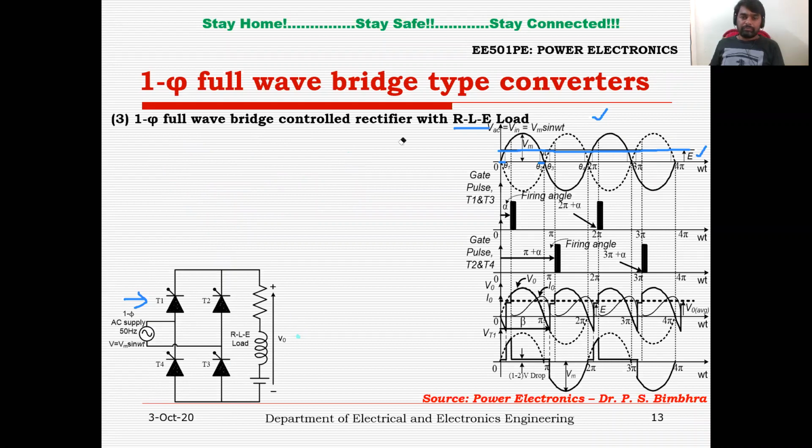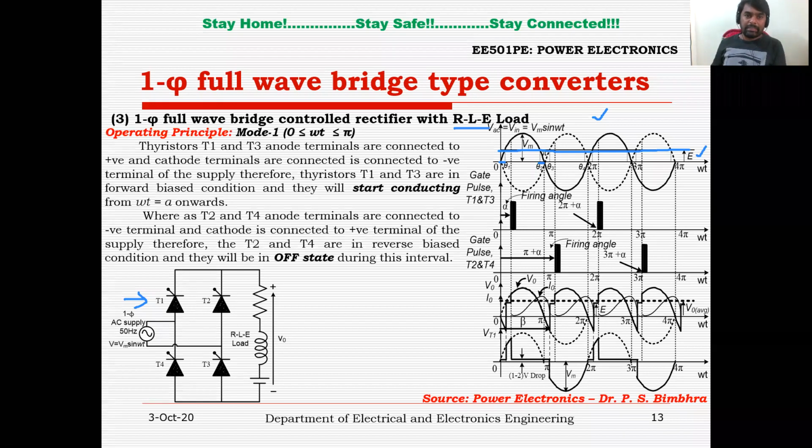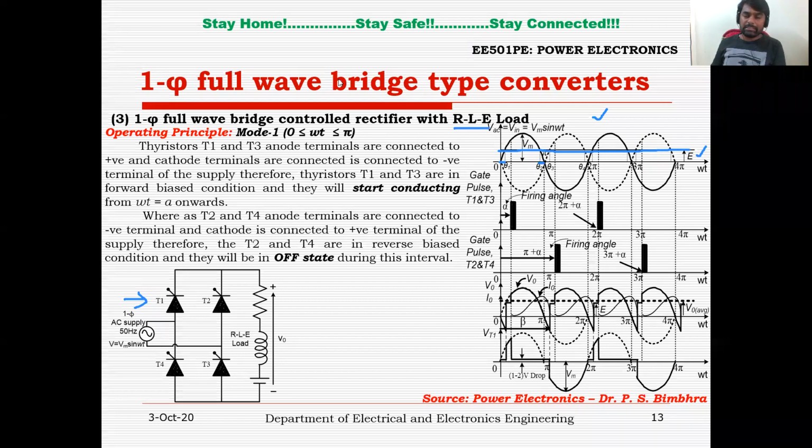Similarly, we'll see the negative half cycle also, right? So during the positive half cycle, T1 and T3 are in forward bias condition because the anodes are connected to positive and the cathode terminals are connected to negative. So the firing pulse to them is given at omega t equal to alpha. From that point on, the output voltage has to follow the input voltage. It is following the input voltage, right?